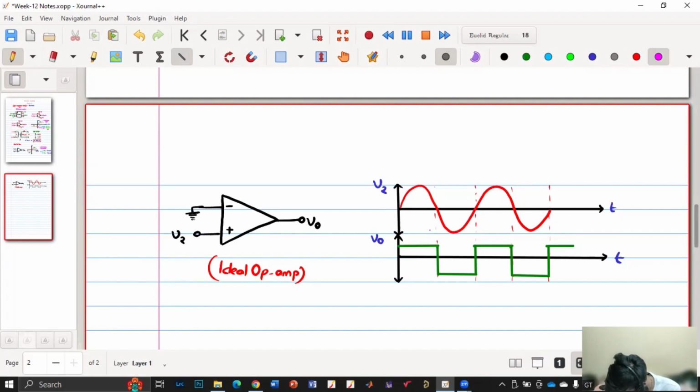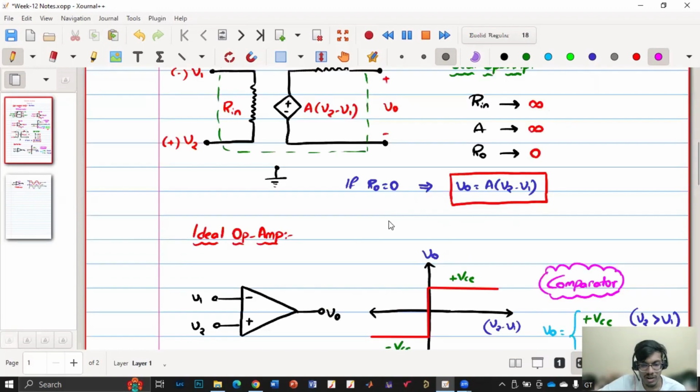So here there is plus VCC and here there is minus VCC. This is for the ideal op amp.